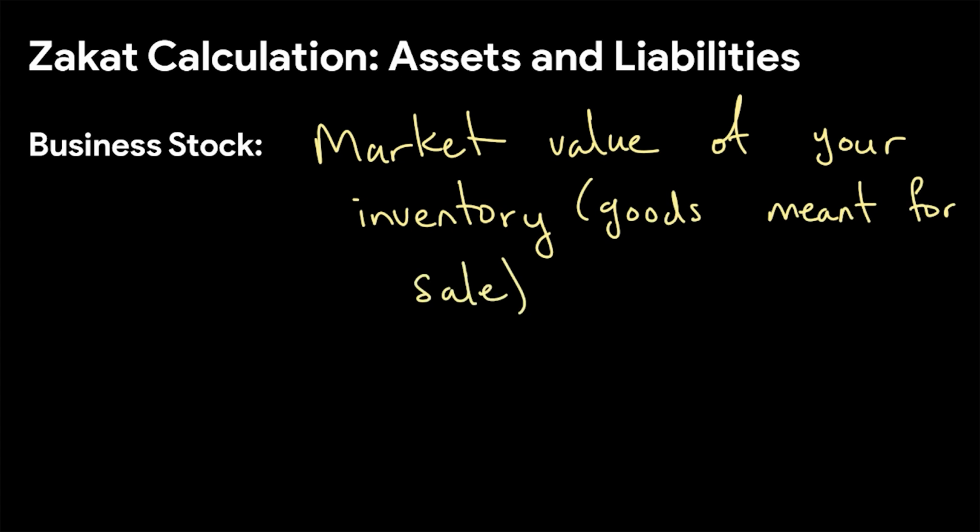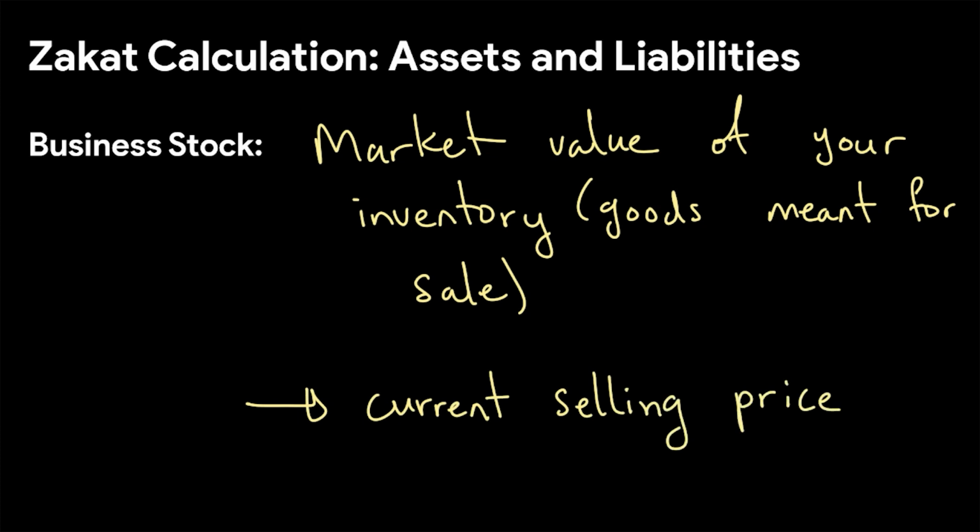So this means that all unsold items in your store, warehouse, or stock should be valued at their current selling price. So you have to value them at their current selling price, not at the price you bought them. And then you pay zakat on this. Again, 2.5%. However, assets used in running the business, like machinery or office furniture or any other related things, are not subject to zakat. And we'll talk more about this later in the video.